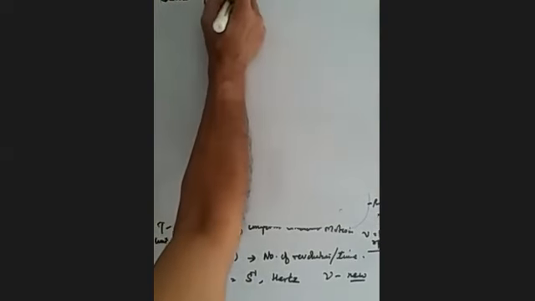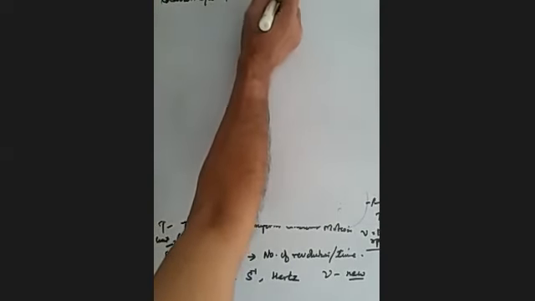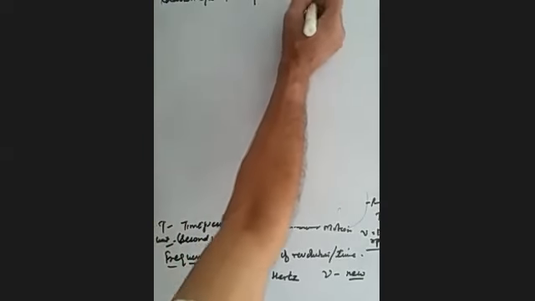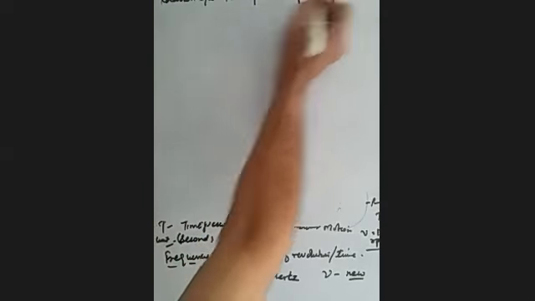Okay, now relation between time period and frequency, that is between T and nu. Suppose nu is the frequency of revolution of the object.